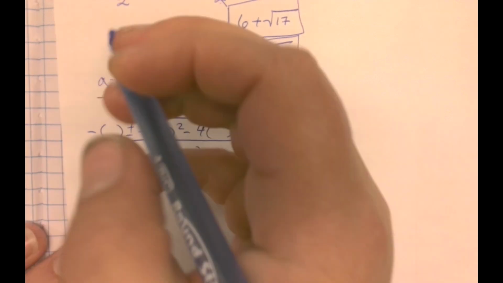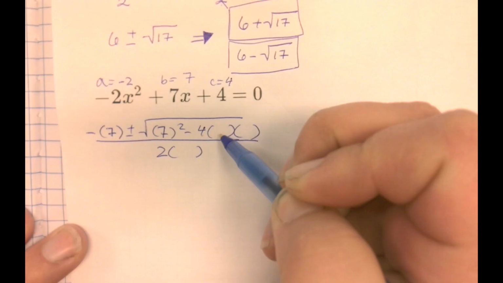So let's see. Christian, do you know? Good. Jamal, do you know what goes in the second box? Yes, sir. The A. Washington, do you know what goes here?